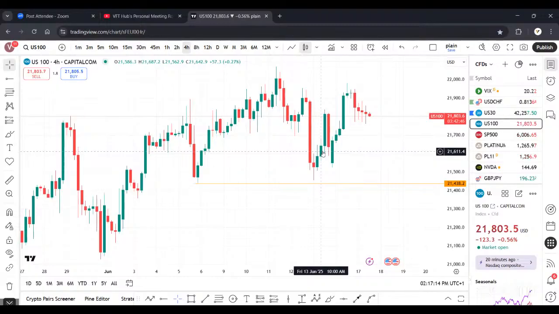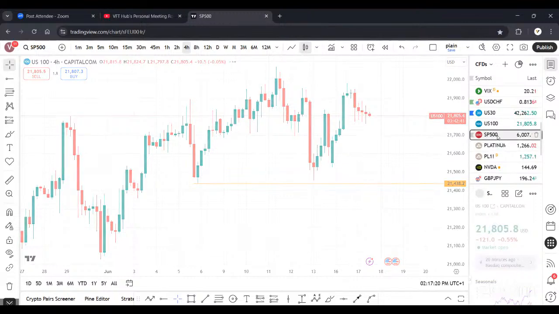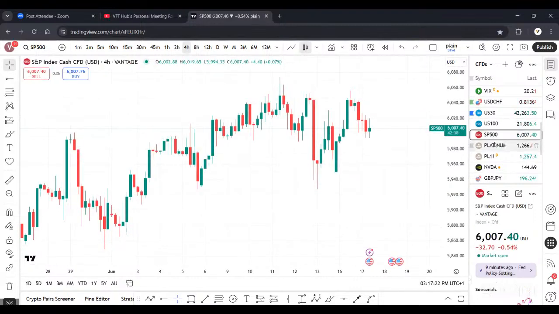So that's just a bit of what is happening, and also almost the same thing on S&P 500. I don't want to keep repeating myself since nothing significant has happened since morning, right? So this is what we have currently going on. Almost the same price action on US 100 and S&P 500.